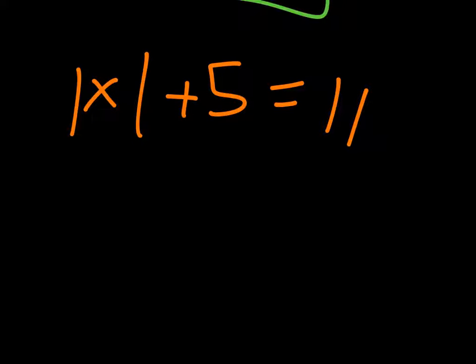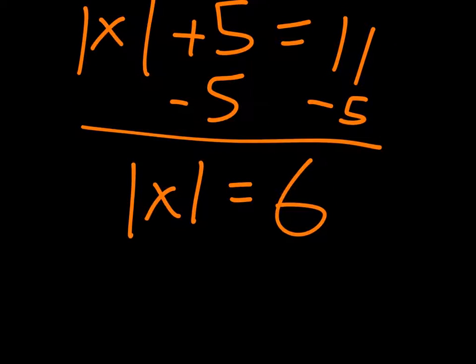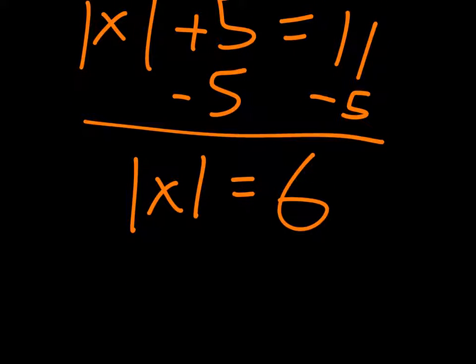So if I have the absolute value of x plus 5 is equal to 11, what I do is I subtract 5 on both sides, leaving me with the absolute value of x is equal to 6. Now, being that the absolute value of x, a new word for you, the word is domain.